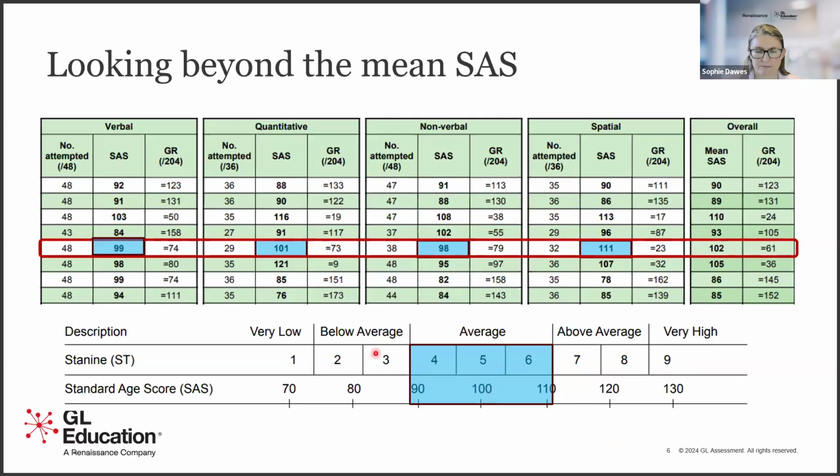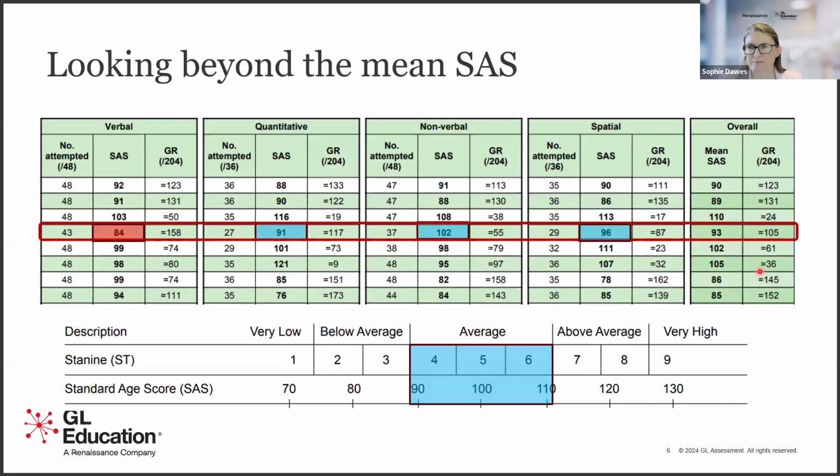Whereas this learner, his overall mean SAS is in that average range, but it's at the lower end of the average range. And they have a verbal score which is below average. It's just sitting in here in STAY 9.3 in this below average range.